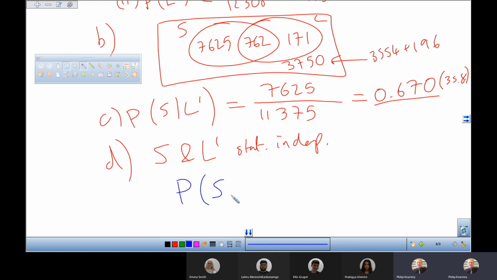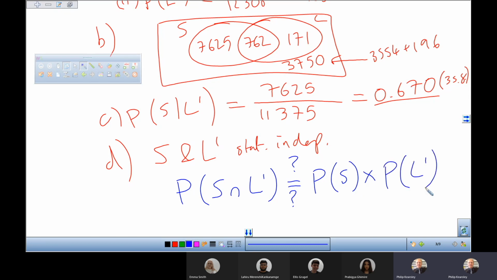Is the probability of S and L dash the same as multiplying the two separate probabilities together? Because if it is, it will be in the correct proportions. Do we have the probability of S? Was that A part 1 by any chance?